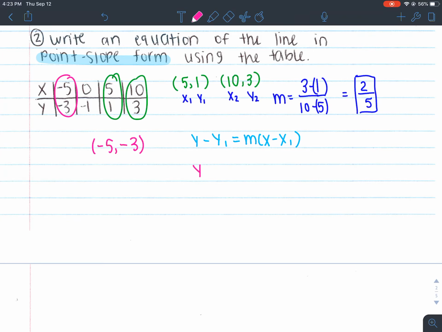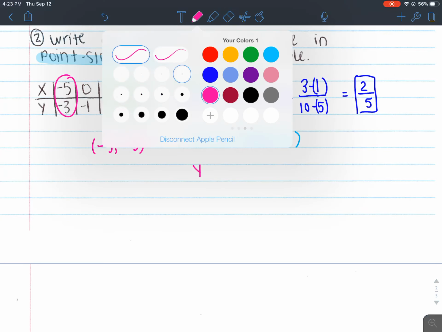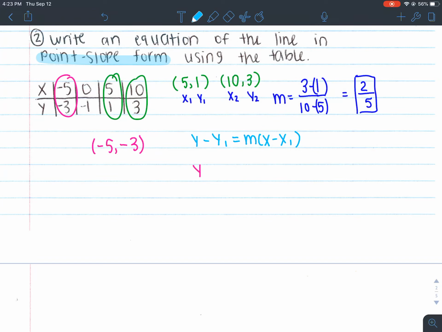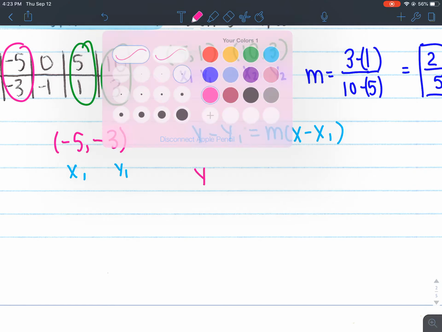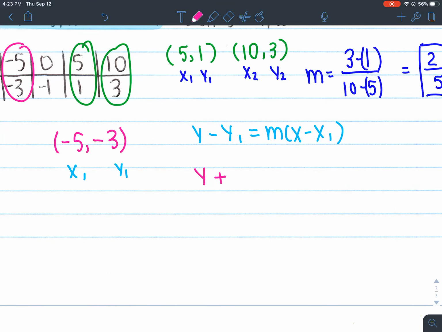So let's go ahead and label x1, y1. Okay, I'm labeling now. So I have my y1, which is a -3. When I plug it in, it's going to be a +3 equals 2/5 times my x minus, sometimes it's a plus, right? My x1 happens to be a -5, so when I plug it in, it will be a +5.